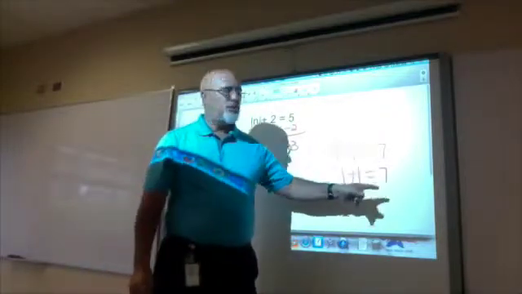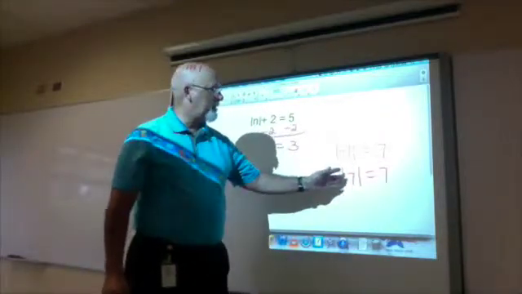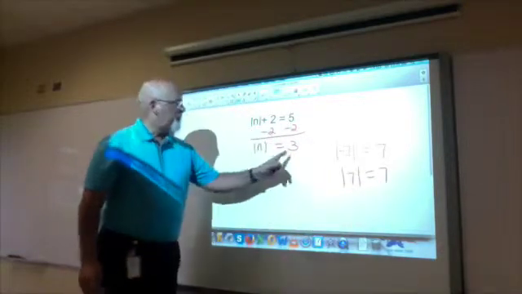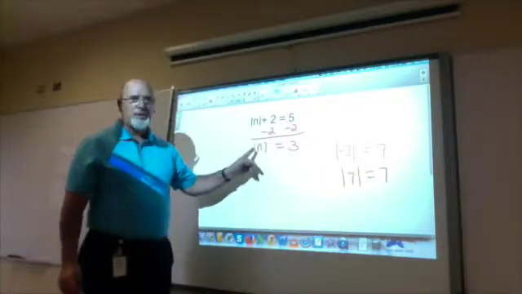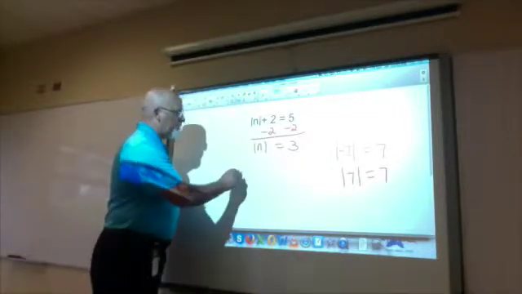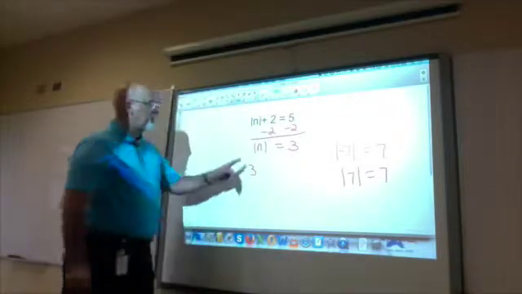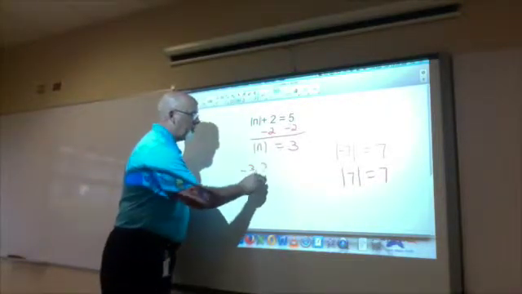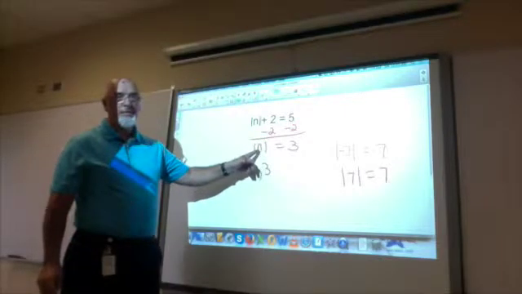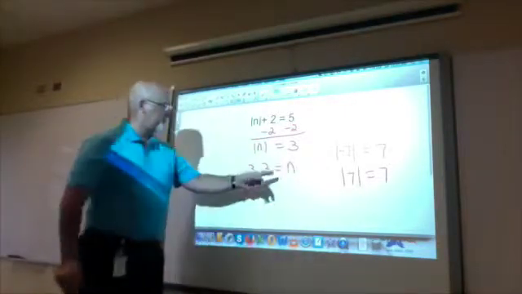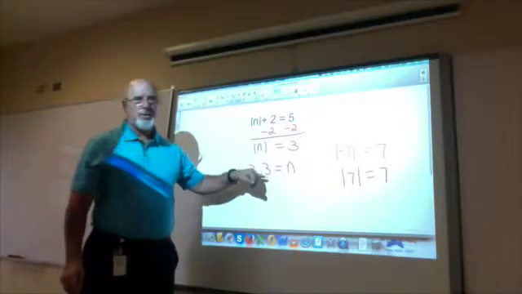So you can have two values inside here, and they both represent the same number on the outside. So 3, what can be placed here for n that will yield a result of 3? You can put in negative 3, absolute value of negative 3 is 3, or you can put in 3, absolute value of 3 is equal to 3. So n is equal to negative 3 or 3.